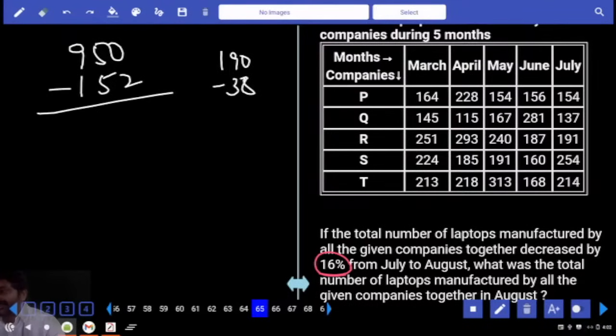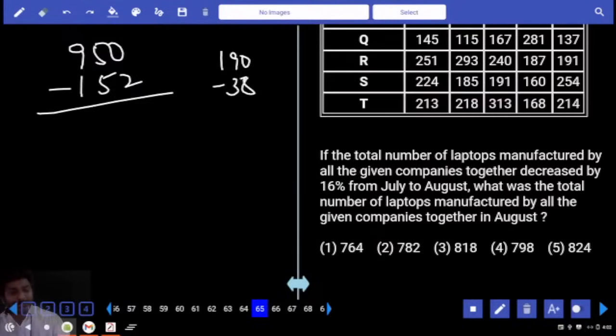Need to subtract this? Come on. Answer: 798. But what I did was different.